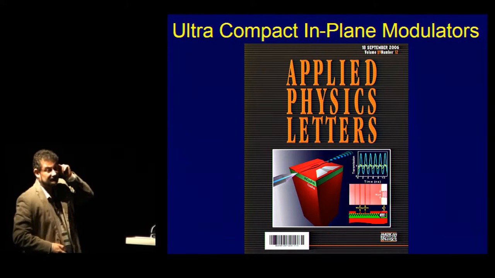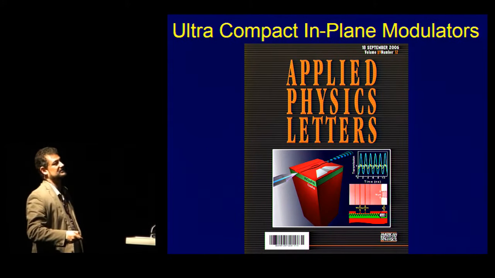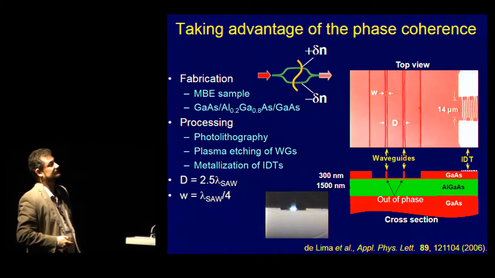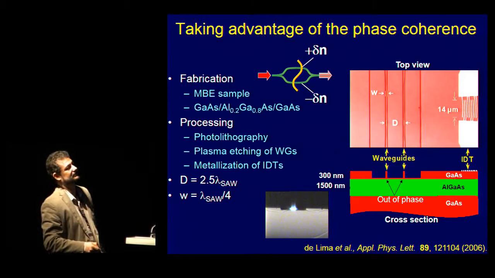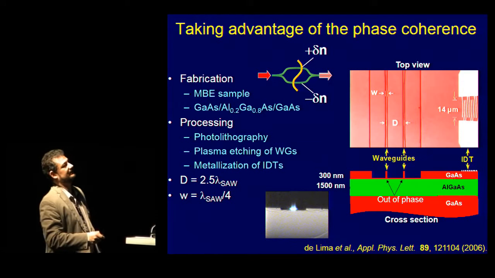So what we have done was to propose a system where we modulate both arms at the same time. So here you probably can see better. This is our device. So you have these two waveguides, okay? But we place them in a particular way that they are feeling opposite phases of the acoustic wave.